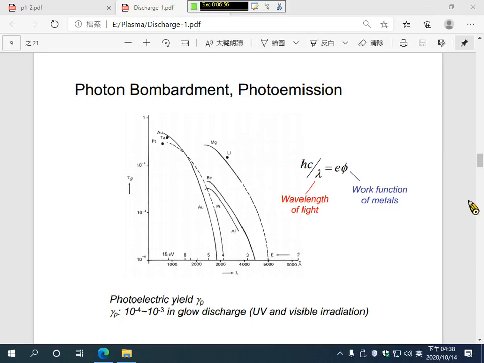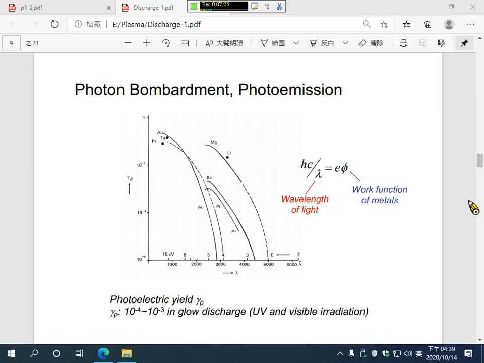this band or potential model of the tungsten metal and this model for hydrogen atoms: for the hydrogen atoms, if you ionize them, you need to bring the electrons from the 1s orbital to n equals infinity.